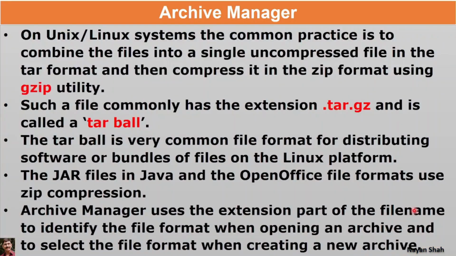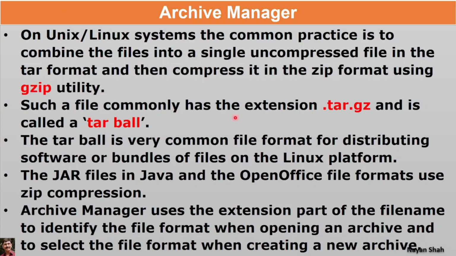On Linux and Unix systems, the common practice is to combine the files into a single uncompressed file in the tar format and then compress it using the gzip utility. Remember, gzip is a Linux command to compress a file, and gunzip is a Linux command to uncompress the file. The gzip utility is used on Linux and Unix platforms to compress files.